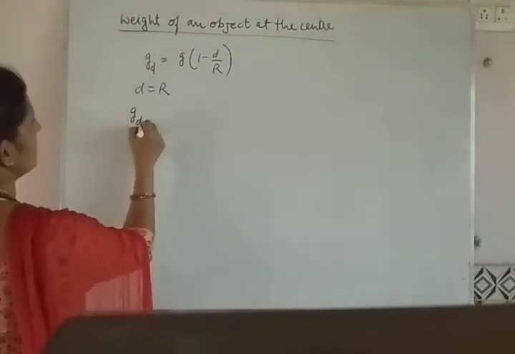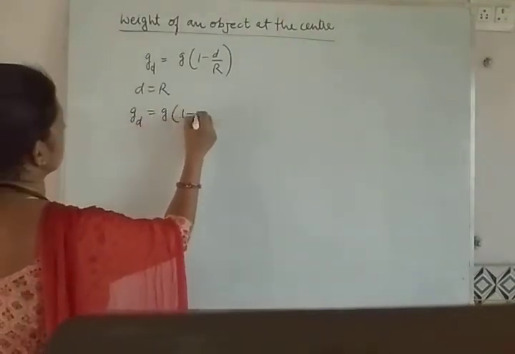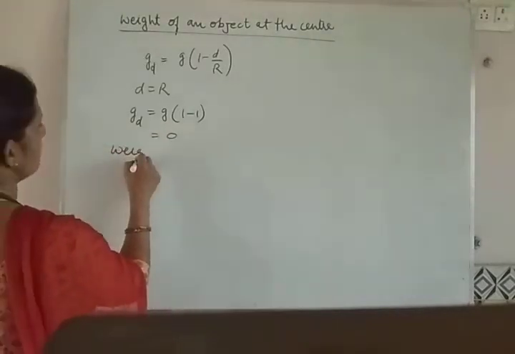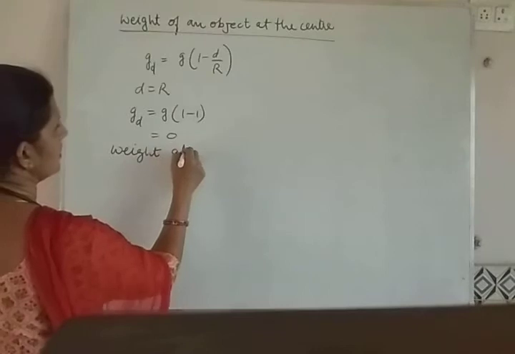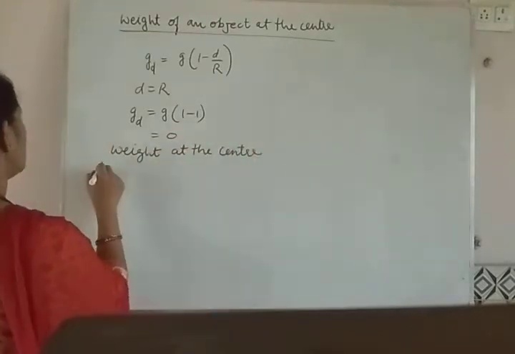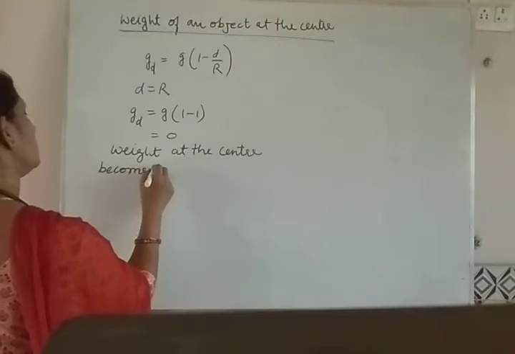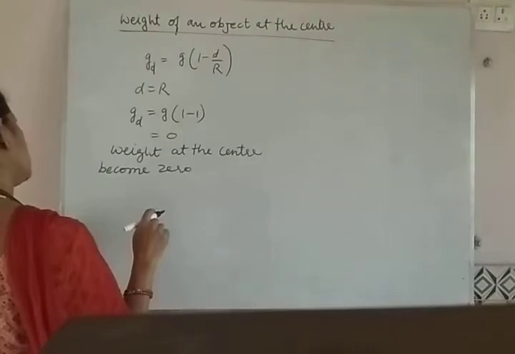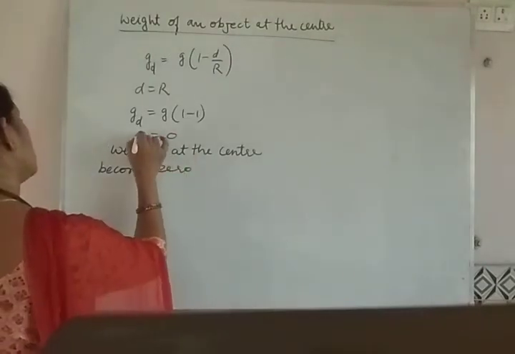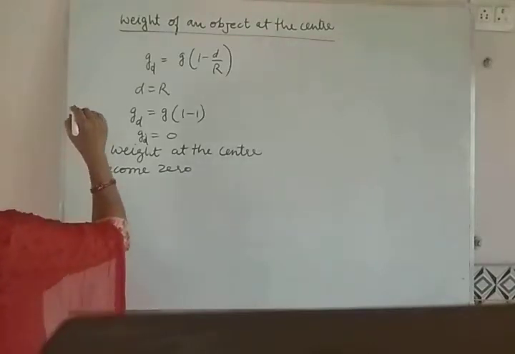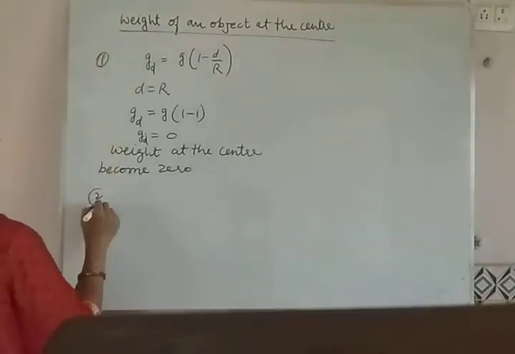So gd is equal to g into 1 minus 1, that is 0. Hence the weight at the center becomes 0. The g value decreases and g becomes 0 at the center, and hence the weight becomes 0. One point.